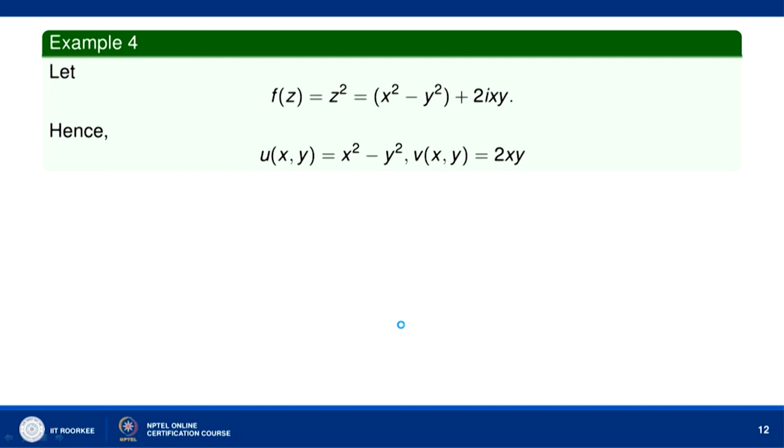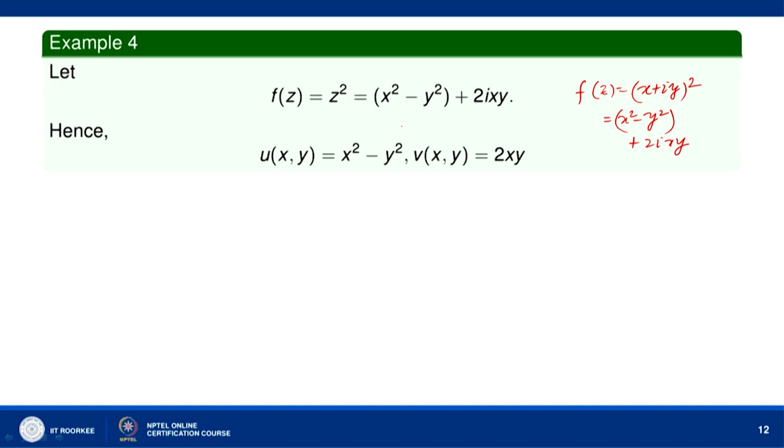Now, let us consider the function f(z) equal to z square. It is an analytic function for all z. Okay. And here you can see when we put z equal to x plus iy, then (x plus iy) whole square gives you, using i square equal to minus 1, x square minus y square plus 2ixy.